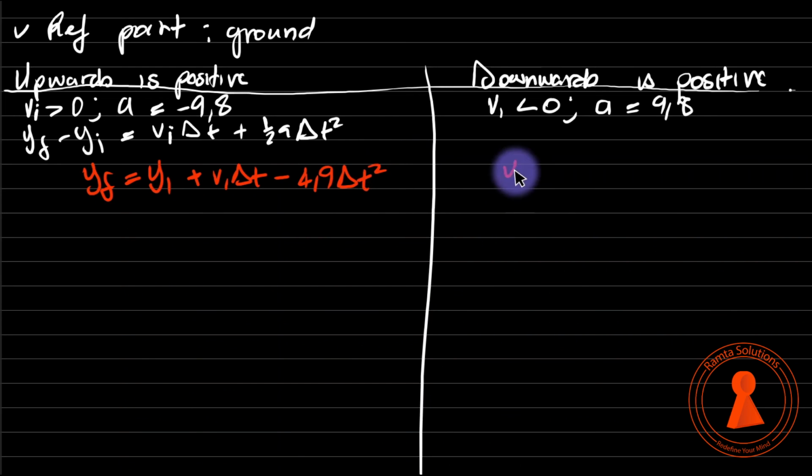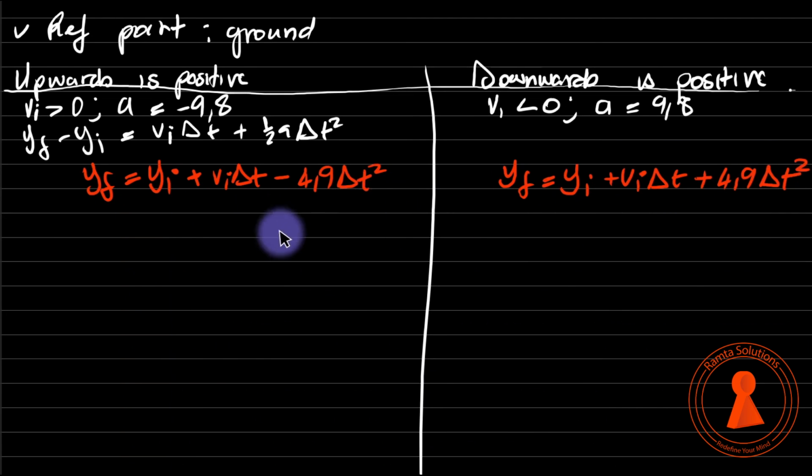This one here will be yf equals yi plus vi delta t plus 4.9 delta t squared. You expect this one to be frowning, you expect this one to be smiling.